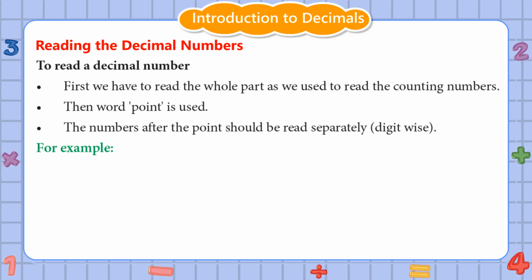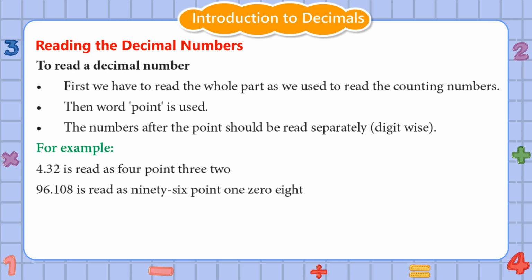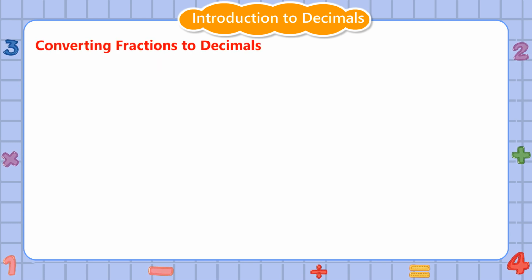For example, 4 decimal point 32 is read as 4.32. 96 decimal point 108 is read as 96.108. 0 decimal point 007 is read as 0.007.